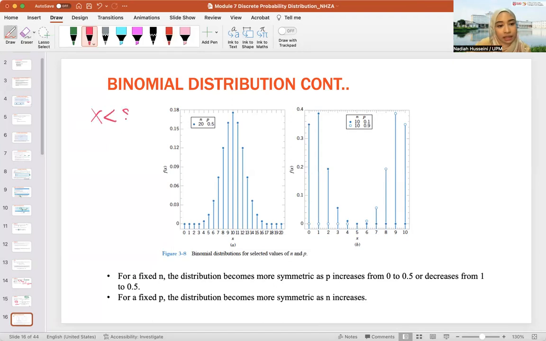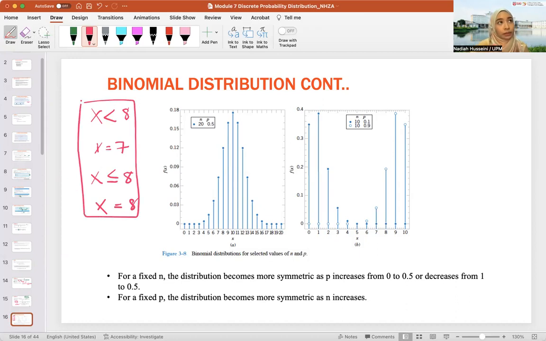So if x is less than 8, your cumulative will be x equals 7, because it's less than 8. If your x is less than or equal to 8, then your x in the Excel equation would be x equals 8. This is specifically for Excel only. I'm not familiar with R, but you can explore it if you would like to use R for your project later.